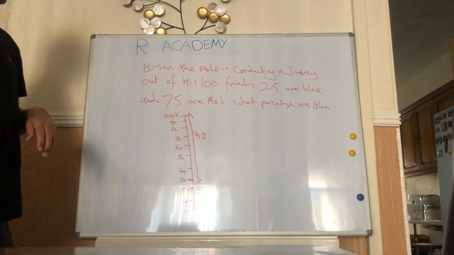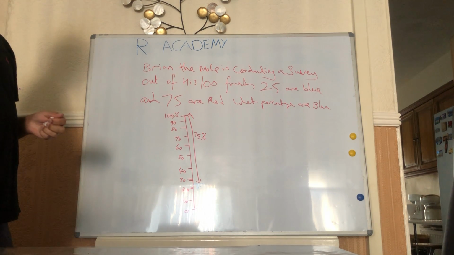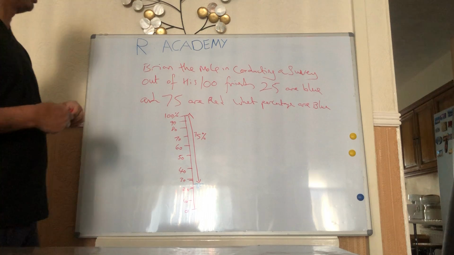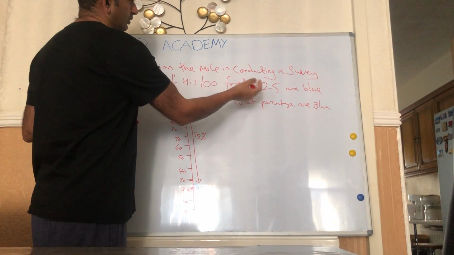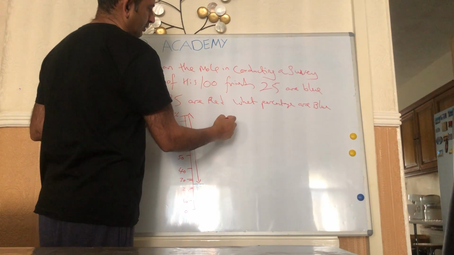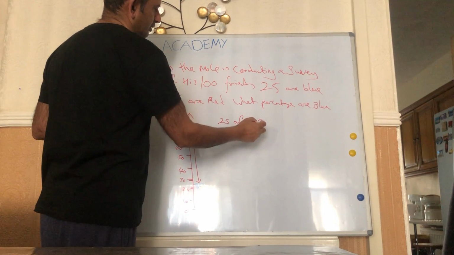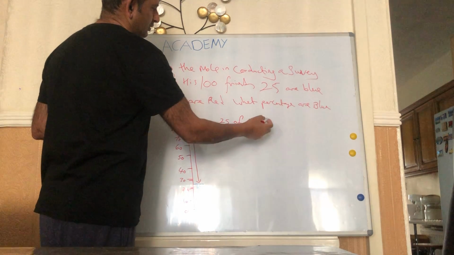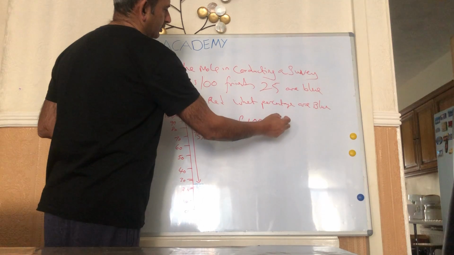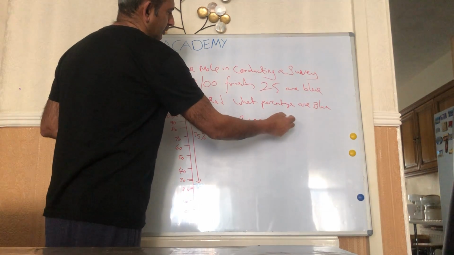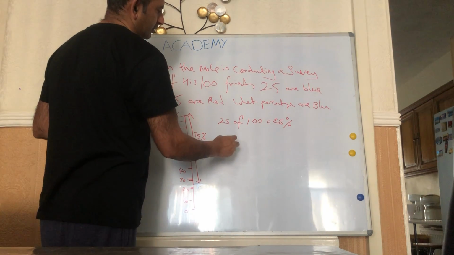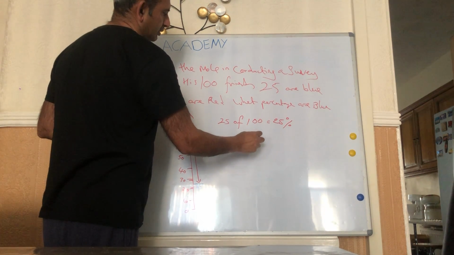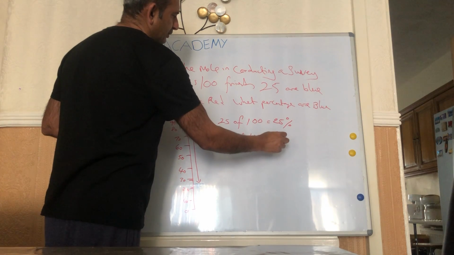Or the other way to do it would be to go the old-fashioned route, which we covered before, which was 25 of 100 is 25, and 75 of 100 equals 75%.